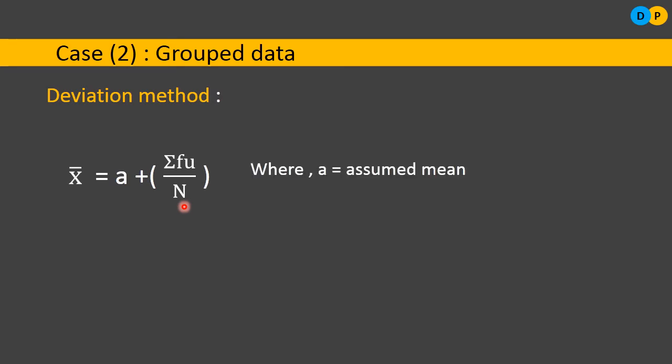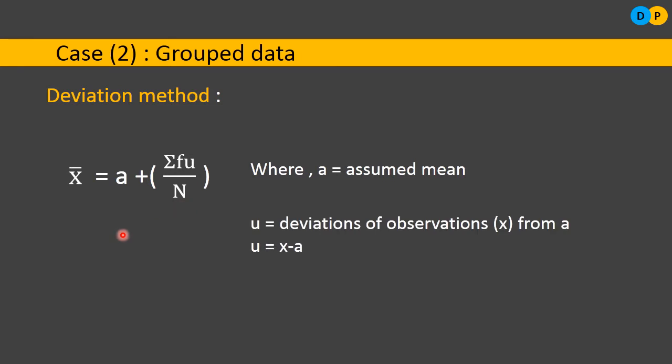So here what is A? A, as we know, is an assumed mean. Out of all the x1, x2, up to xn values, we will choose any one as our assumed mean. So that will be A. Then what is u here? Already we know N is the total frequency. But u is nothing but x minus A. When are we going to choose the deviation method?